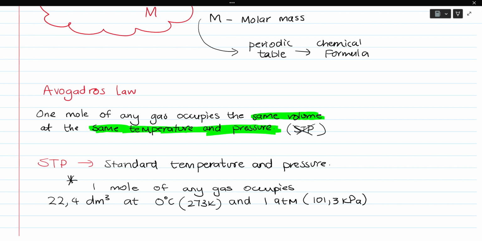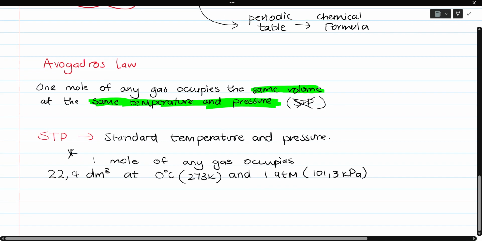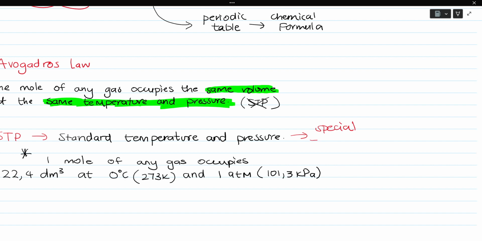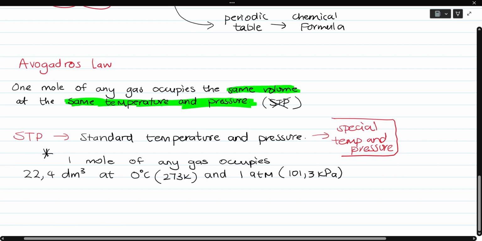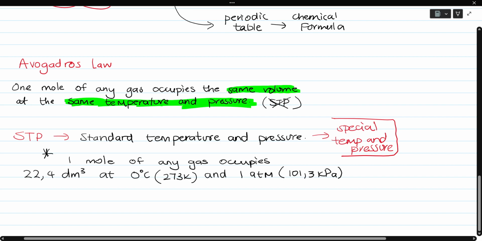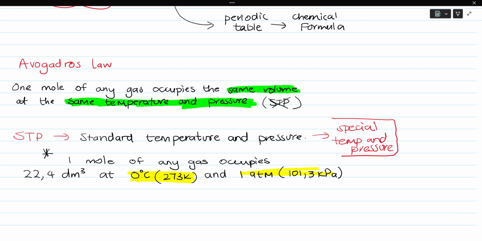Okay, so let's firstly understand what this is telling us. STP stands for standard temperature and pressure. You can think of this as a very special temperature and pressure, and we know the values: 0 degrees Celsius or 273 Kelvin, and 1 atmosphere or 101.3 kilopascals.